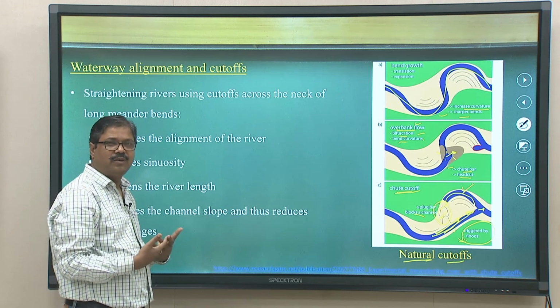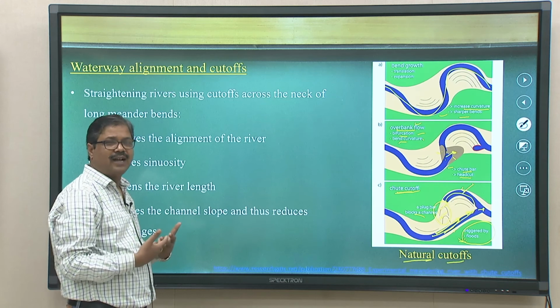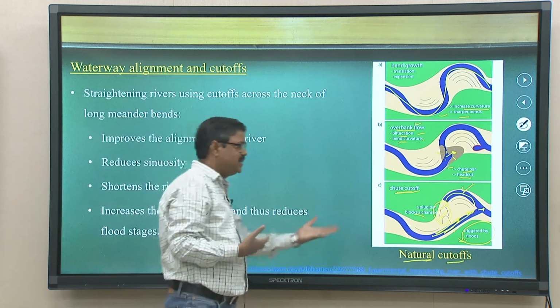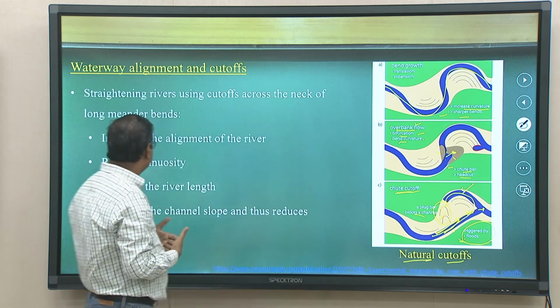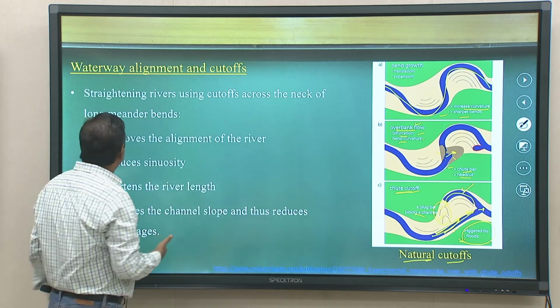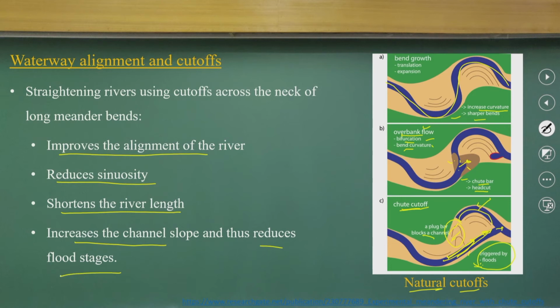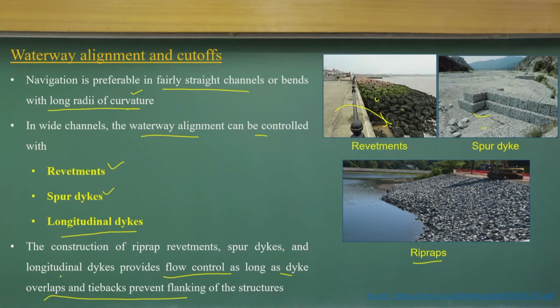If we understand the river behavior, we can trigger the same mechanisms with an artificial cutoff process. So, that is the reason we do cutoffs: to improve the alignment of the river, reduce the sinuosity, and shorten the river length. As it shortens the river length, it increases the slope and reduces the flood stages. It has other effects, but let me leave it at that.